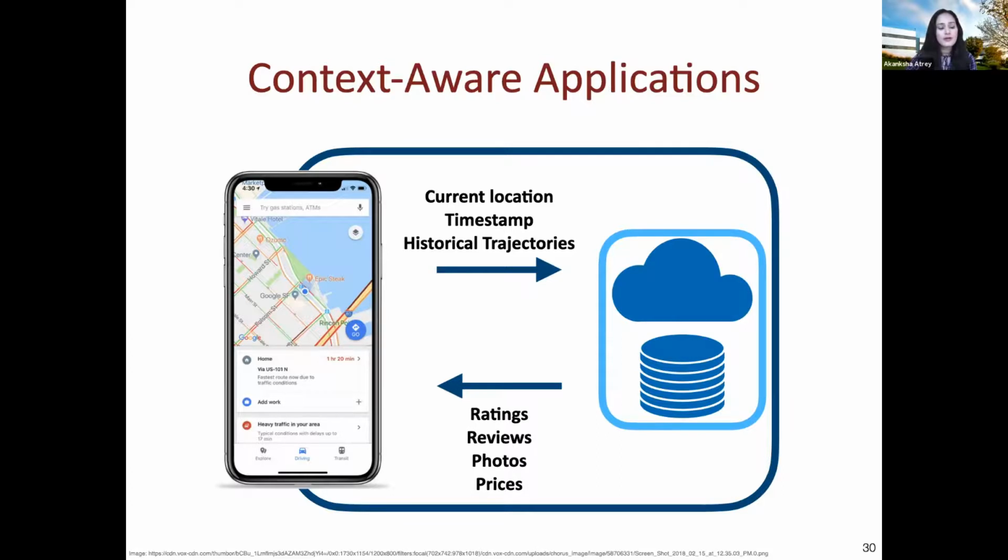So for instance, a mobile application like this can predict a user's next location and then provide recommendations about when a restaurant is closing and future traffic predictions. This is from my personal example. Whenever I plug my phone into my car, Google Maps always tells me, okay, it'll take you 10 minutes to get to work. And how does it know I'm going to work? It's because it's doing next location prediction at that very moment.